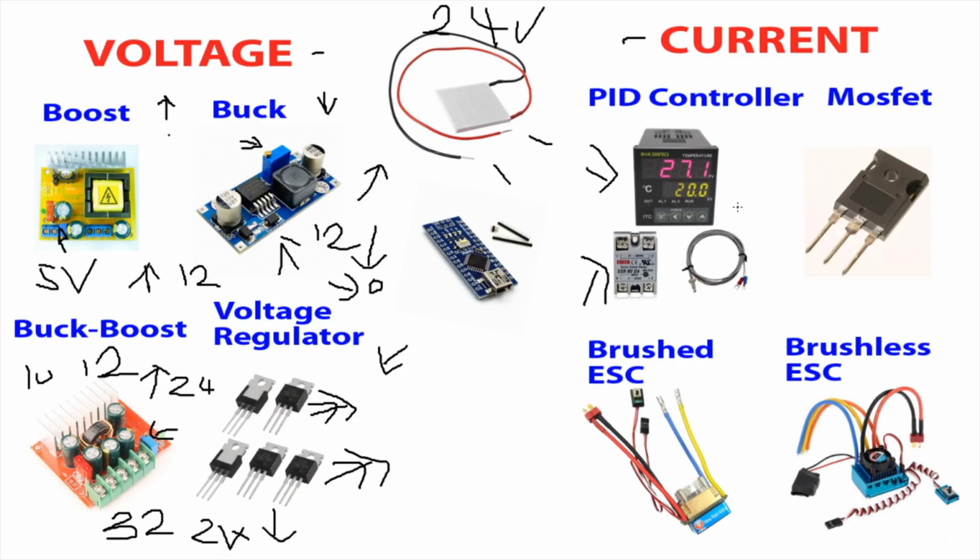That means the TEC will be off for, say, 30 seconds and then back on for 30 seconds and then back off for 30 seconds, or potentially even greater, especially if you're doing water to water cooling. You may find that it'll be on for a minute, off for 2 minutes, back on for 2 minutes, or whatever.